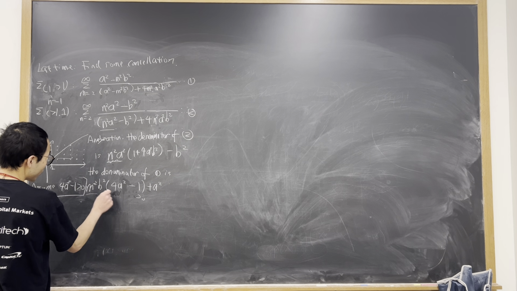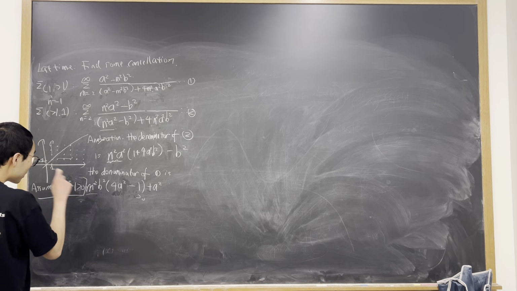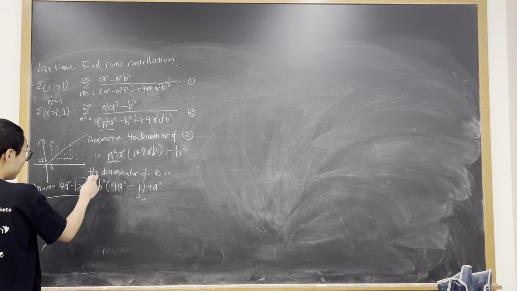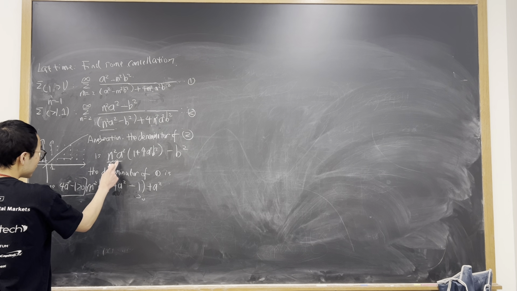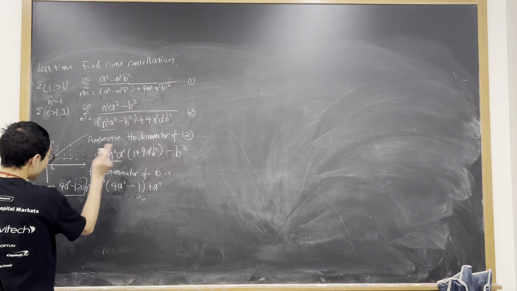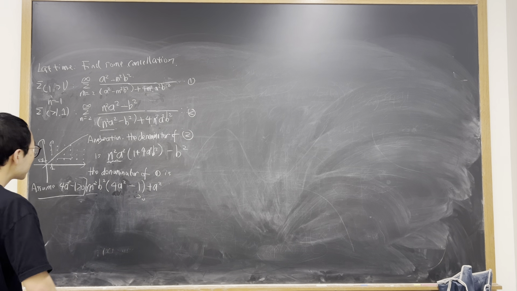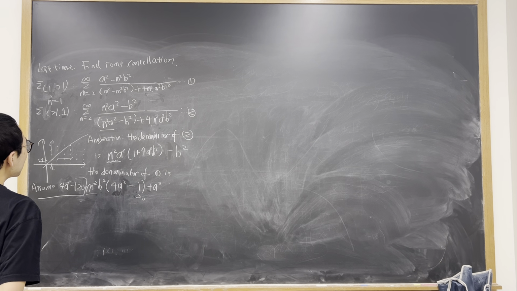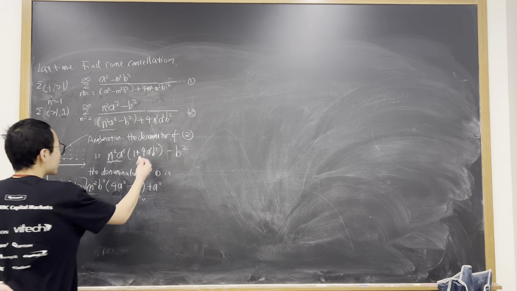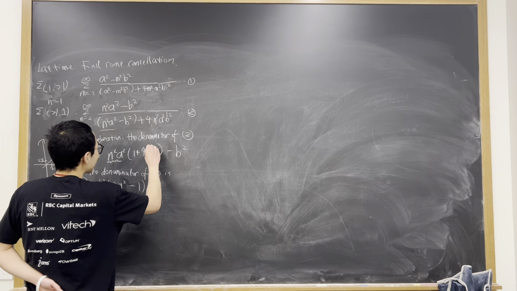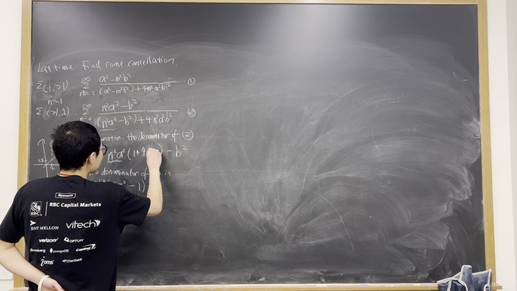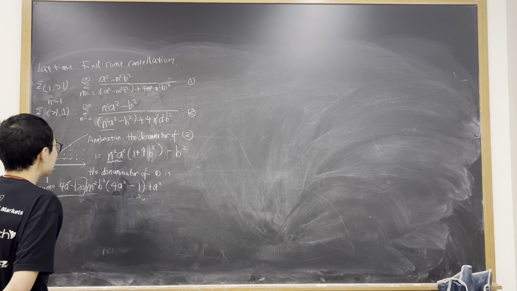Multiplied by b squared times this number. Here is n squared times a squared times this number. Wait, I think I made another mistake here. So this should be just the 4 b squared, right?